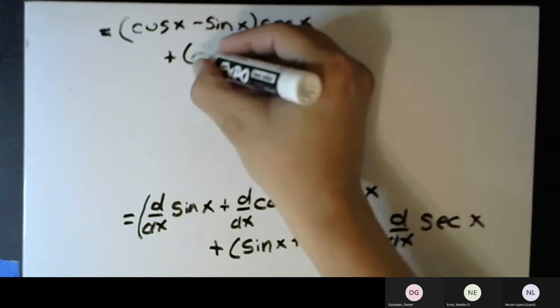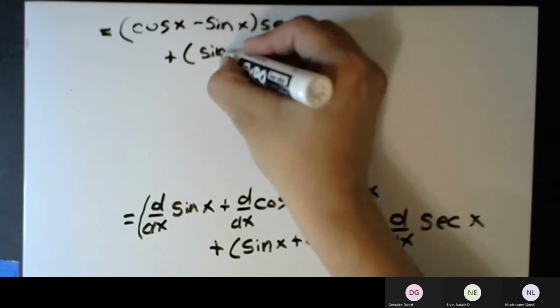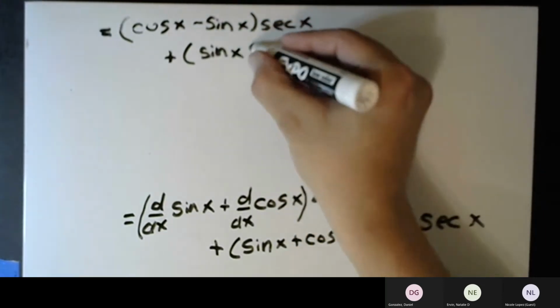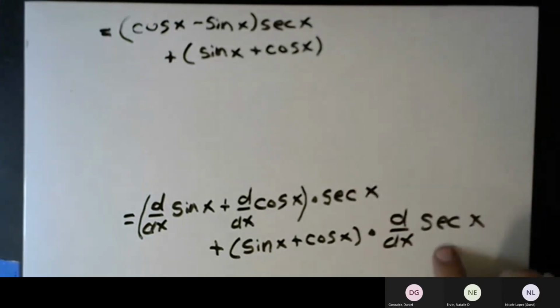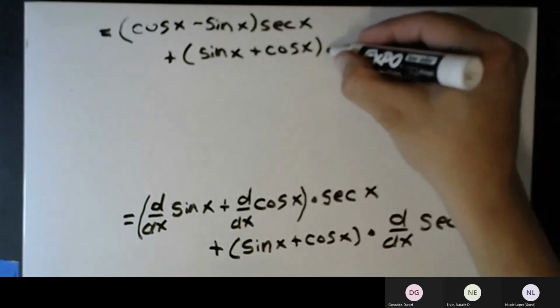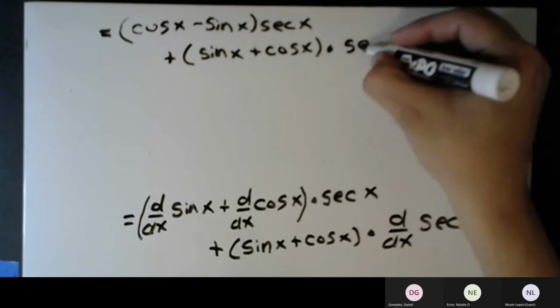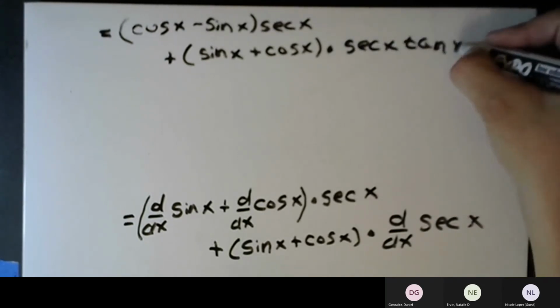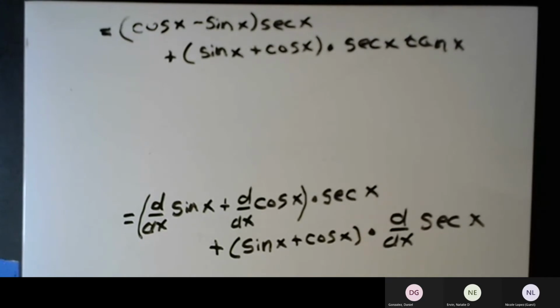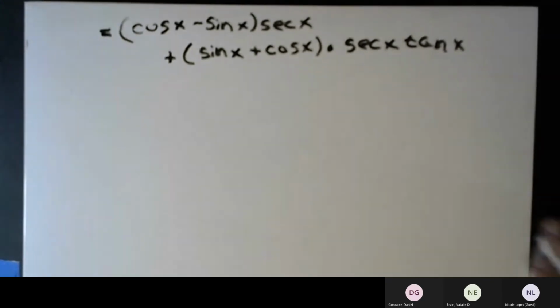Plus derivative of secant is secant tangent. And then we can distribute.